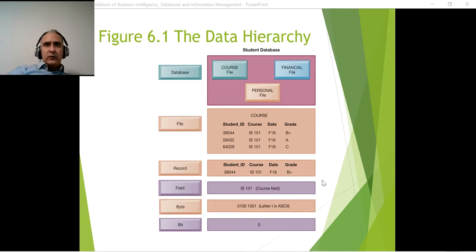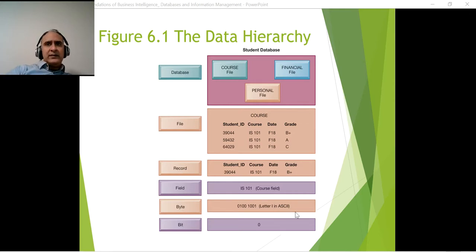Then within that file, we go one level lower. We look at your record, which is pretty much your record in one specific line. And then, of course, we look at specific fields, and then we're talking about bytes. Bytes will already go into the technical part of it, as in we have a binary code, which is 010101.